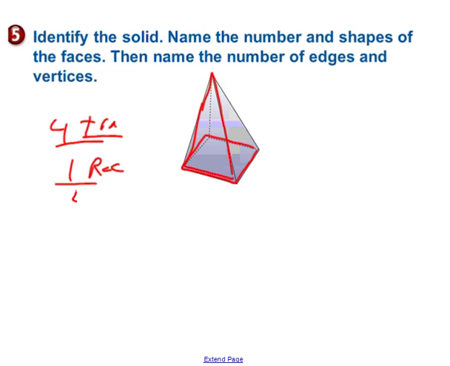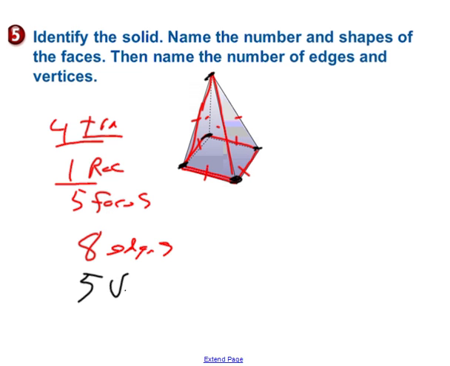So there are a total of 5 faces. And 1, 2, 3, 4, 5, 6, 7, 8 edges. And vertices, 1, 2, 3, 4, and 5. 5 vertexes.